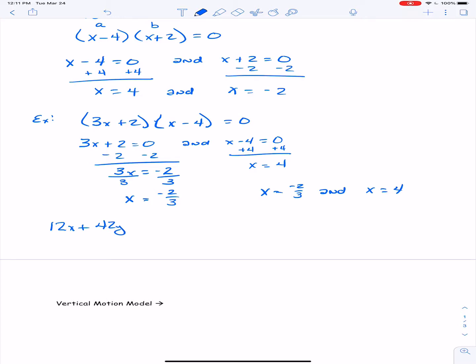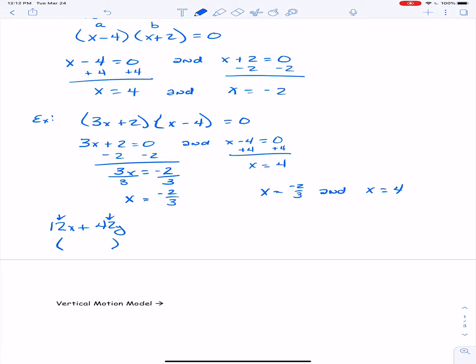So here's what I do. I go ahead and I'm going to make a set of parentheses below my binomial, and I ask myself, what is the greatest common factor that I can take out of 12 and 42?